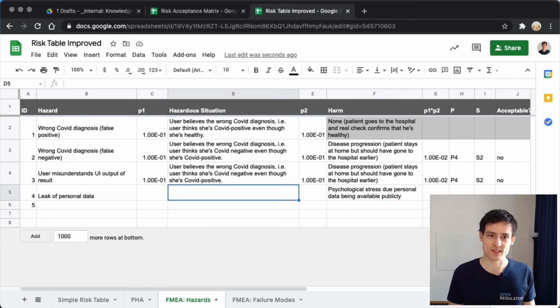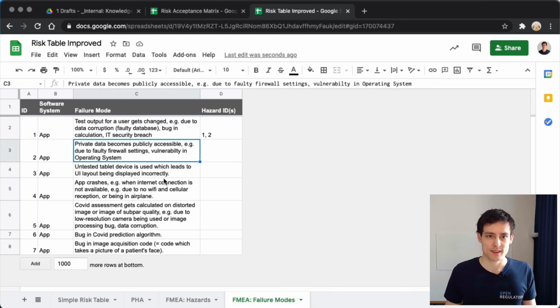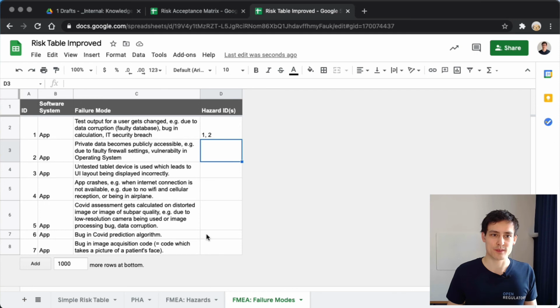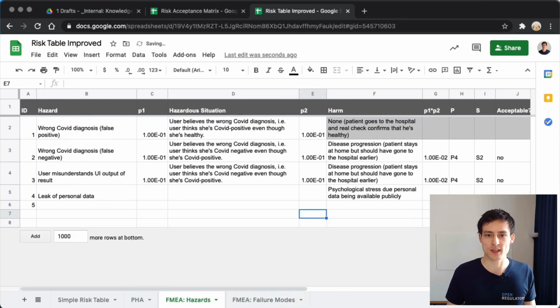And what's the hazardous situation? I don't know, personal data. I don't know, you come up with something here. We don't have to talk about this. We talked about this enough already. So we wrote a hazard for this, and the hazard is number 4. And again, you would have to assess this probability and severity, whether it's acceptable or not.